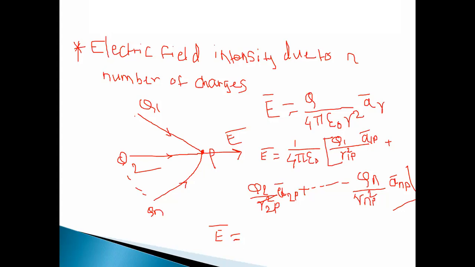E bar can be written as 1 divided by 4 pi epsilon 0 into the sum of Q divided by R square into unit vector a bar R, where i goes from 1 to n.